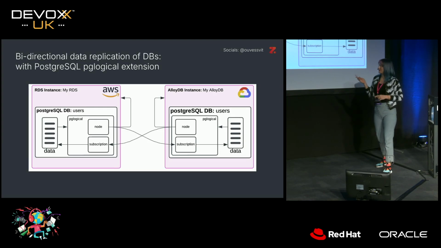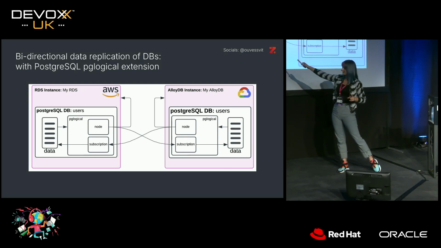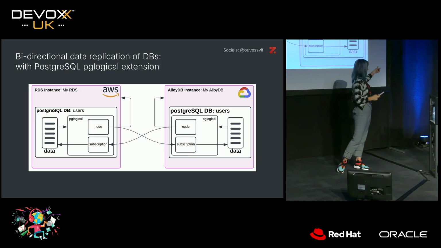For Postgres, you use something called pglogical, an extension, which you can install on instances of RDS and instances of AlloyDB. What happens here is in each database, you'll have a node and a subscription.